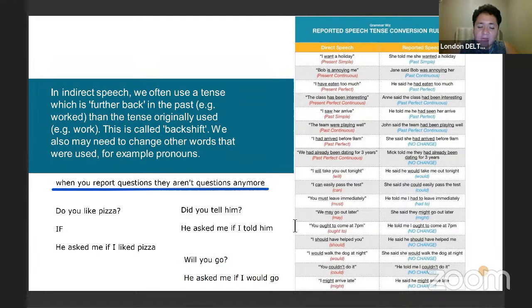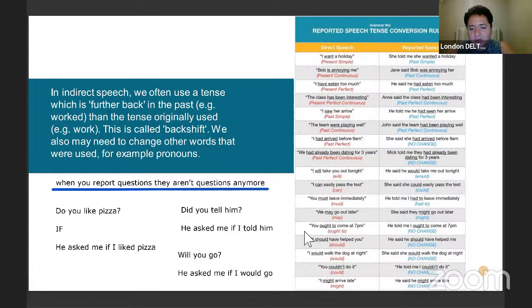Any questions, guys, about this? ¿Alguna pregunta? Solo utilizamos if. Okay, please make this question in reported speech.